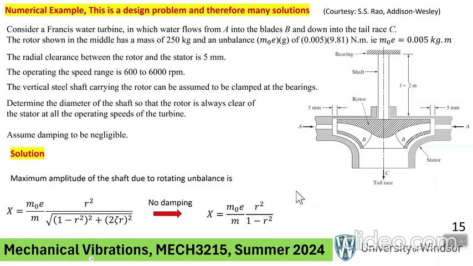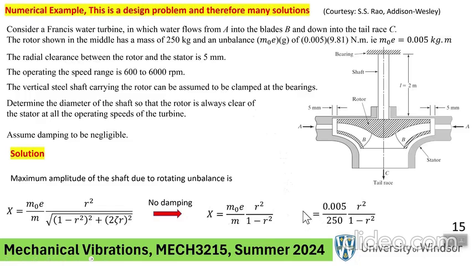Now, we are told what X should be, 5 millimeters, and this m0 times e, we just got it up here. Let me go ahead and write down this 5 millimeter right here.